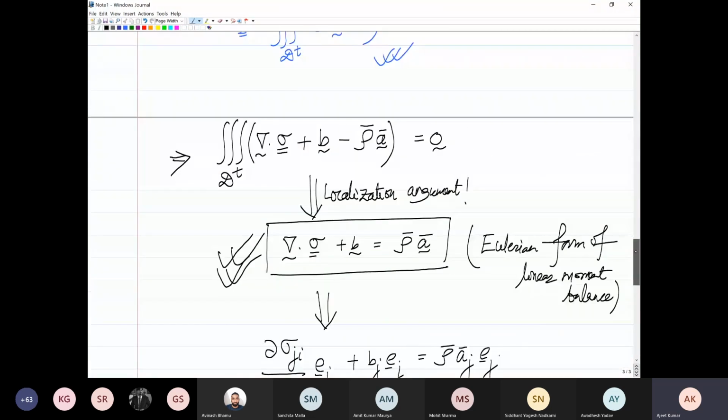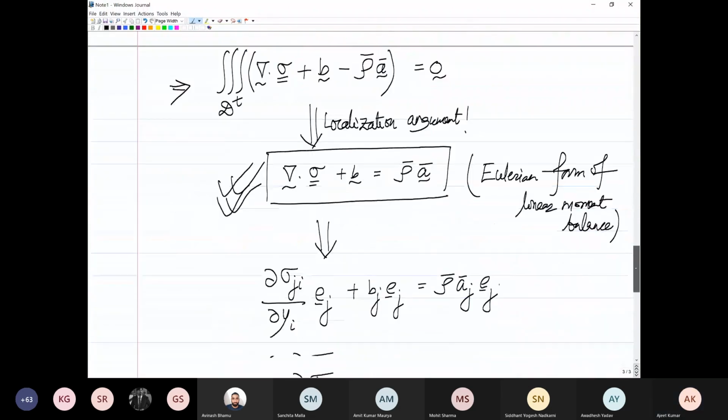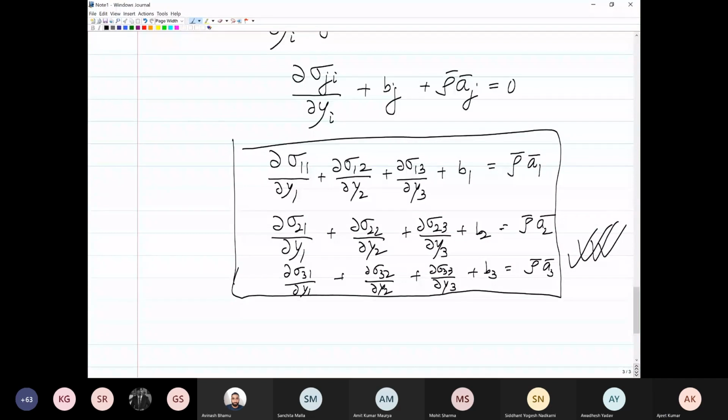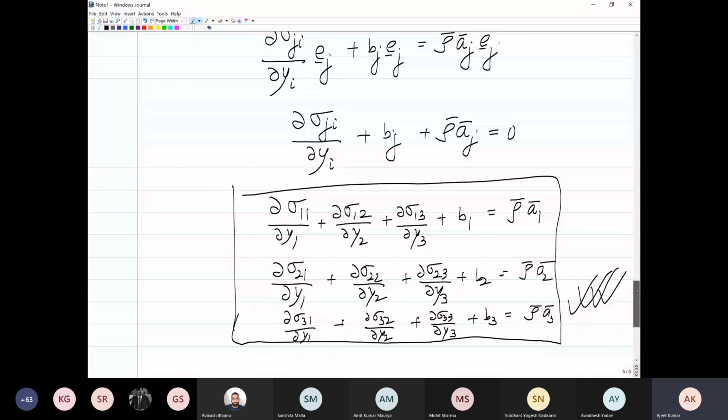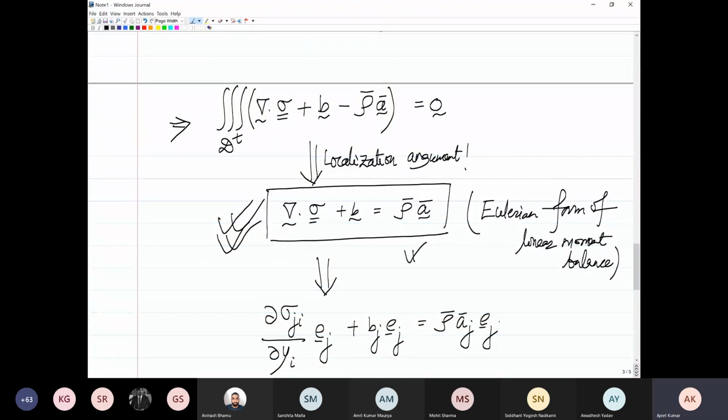We have not applied any approximation and derived the same equation. So this is the linear momentum balance equation for a deformable body. Force equals mass times acceleration was for a particle; now this is for the deformable body.